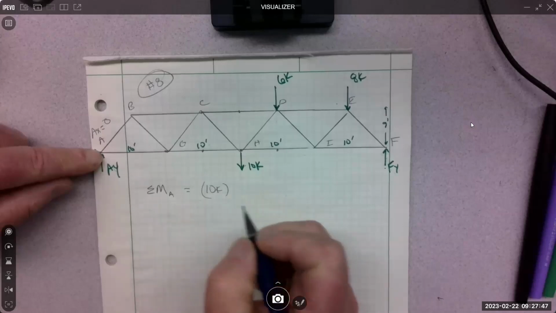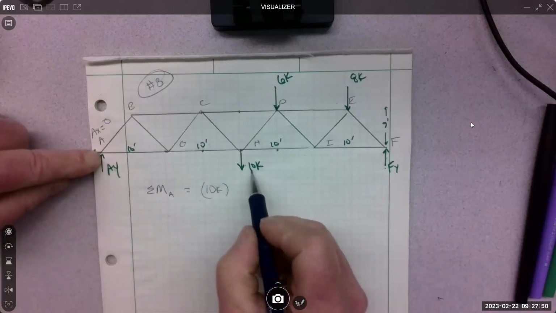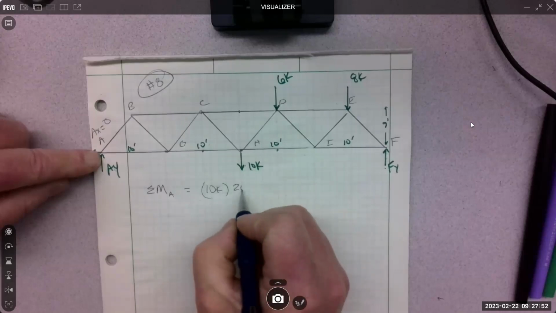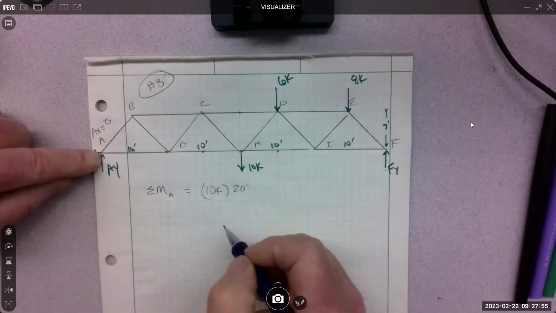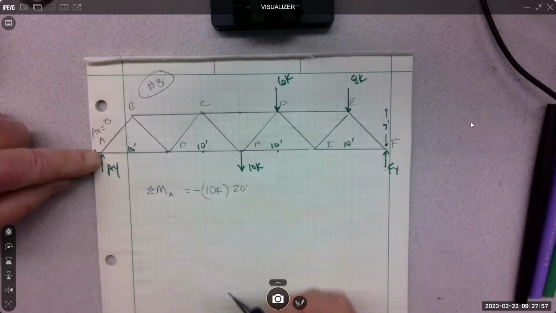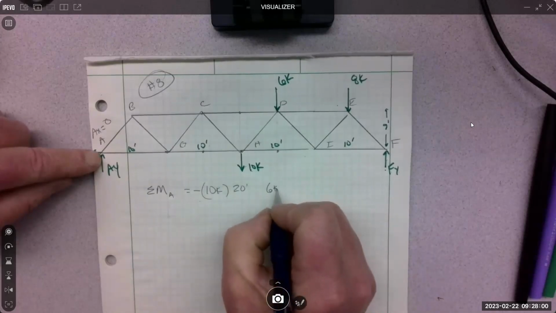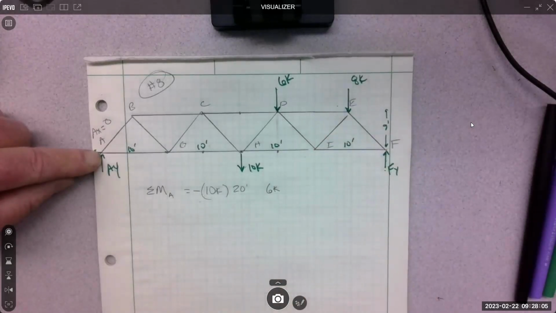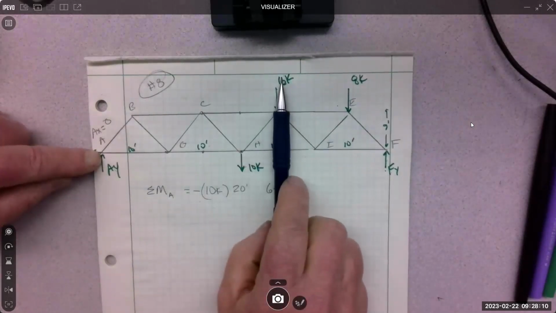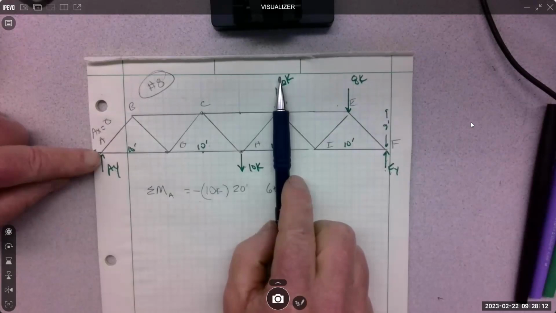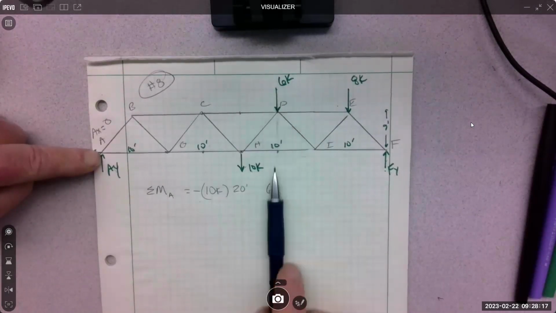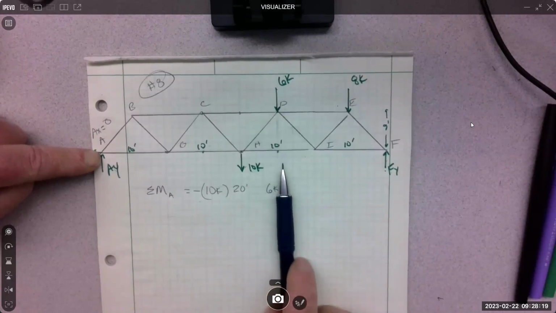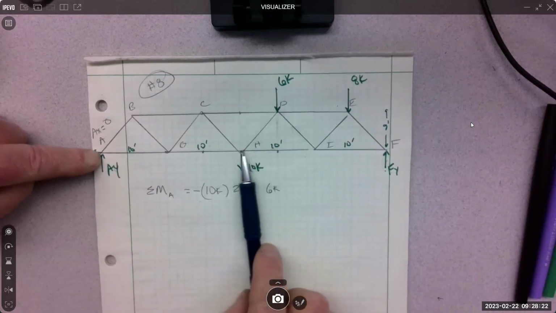10K times 20 feet. Rotation is negative. 6K times, yeah, because it's probably halfway, right? I don't know about 15, but I like the 5 part. How far is it from 6K to point A? 6K is here. 25.